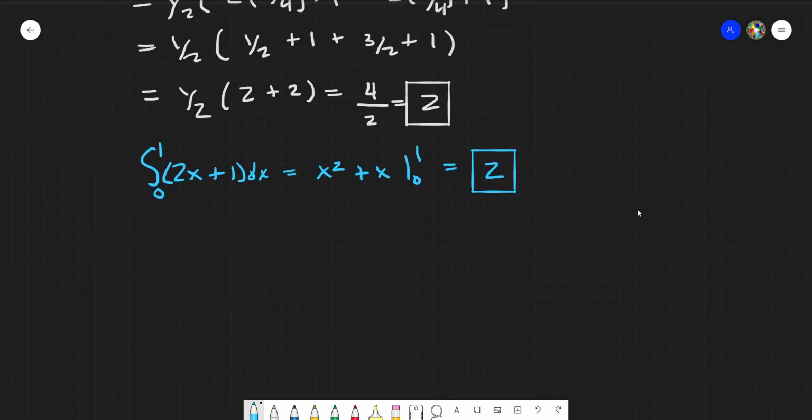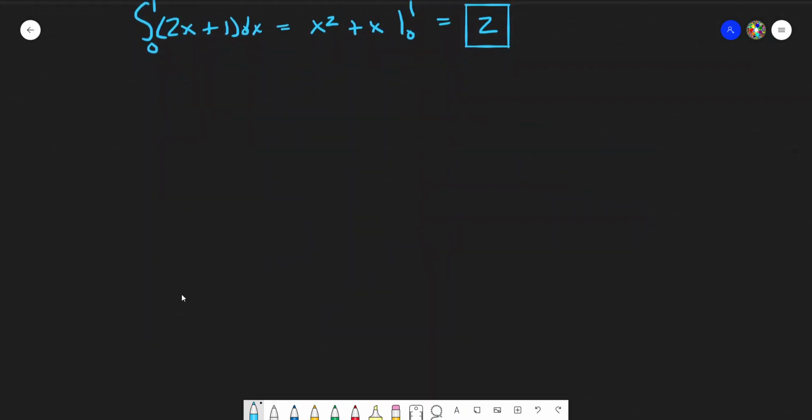Let's say we have the integral from 0 to 3 of 9 minus x squared dx, and let's say we use n equal to 3. So we're just going to increase it by 1.